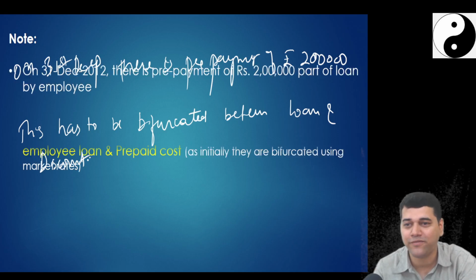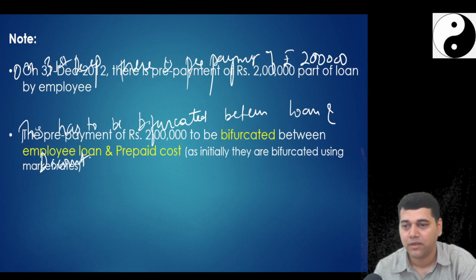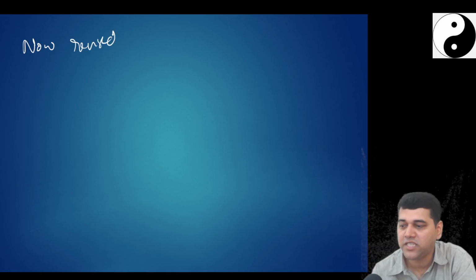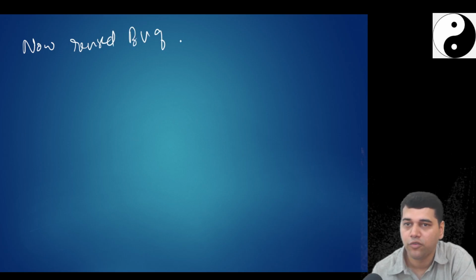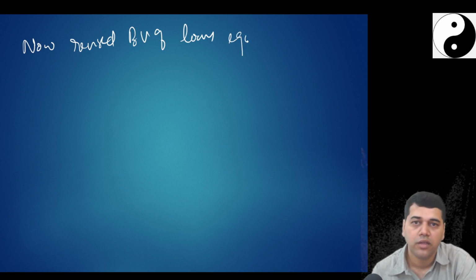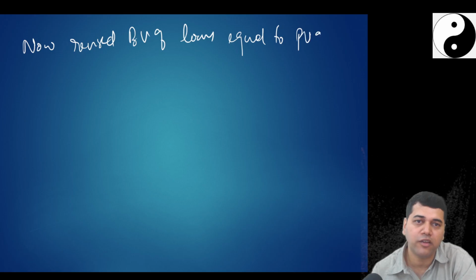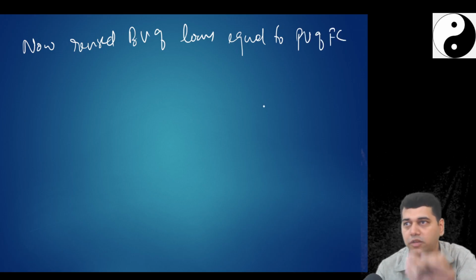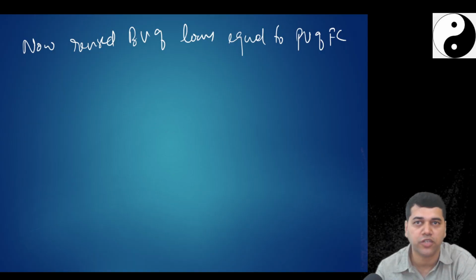If you grasp it, fantastic. Okay, done. This note is complete. So, right now, revised book value of loan. What should be the revised book value of the loan? Equal to present value of future cash flow. At any point of time, your revised book value should be present value of the future cash flow.